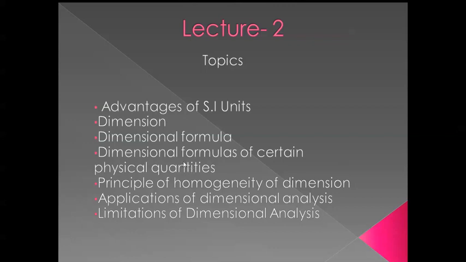We also saw how to derive dimensional formulas of certain physical quantities, and the principle of homogeneity of dimensions. It tells us that both sides of an equation should possess the same dimensional formula.